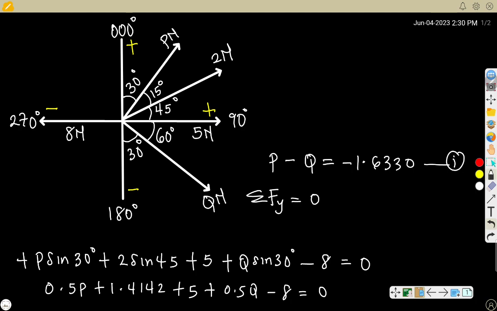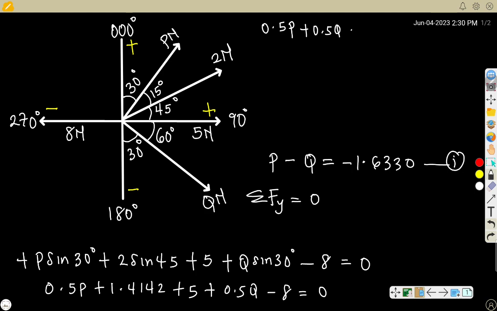From here we have 0.5P plus 0.5Q, then add 1.4142 plus 5 minus 8.